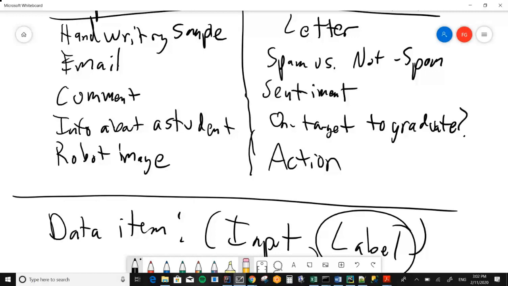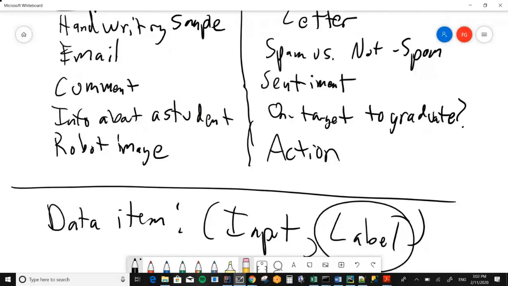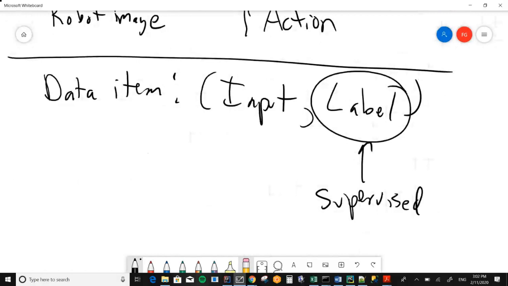So make no mistake, labeling each item of input data is a major bottleneck in applying supervised learning. But A, there are often clever ways to get around this, and B, it can often be less work to do this than it would be to come up with a handcrafted algorithm.